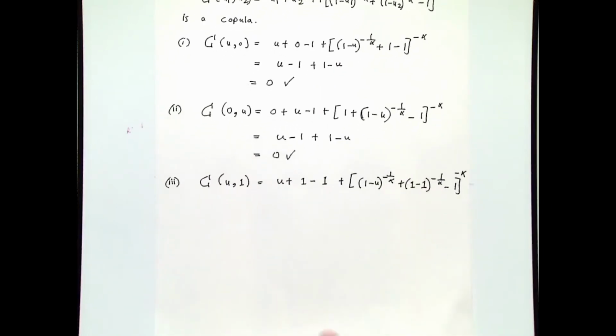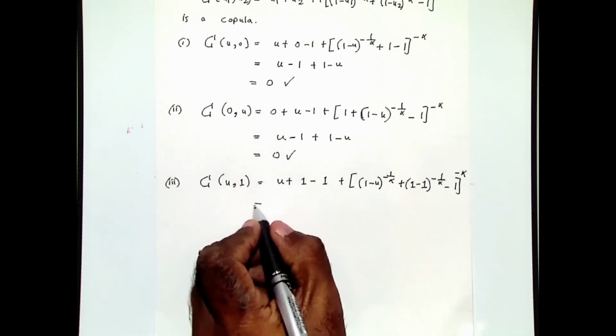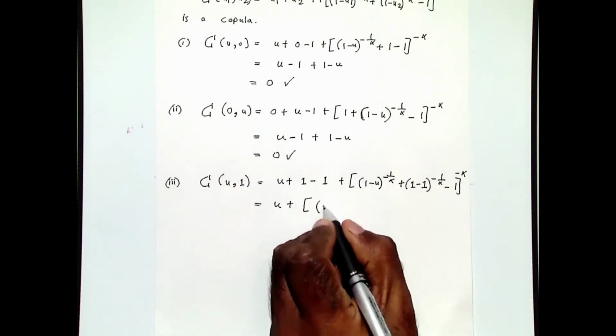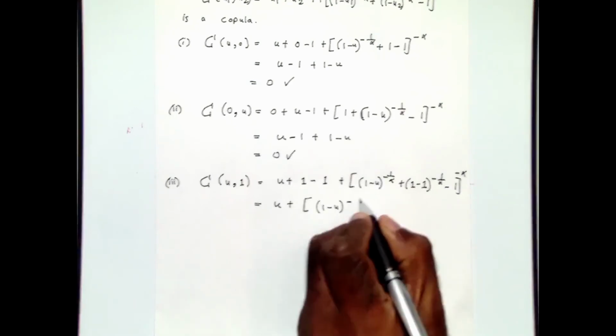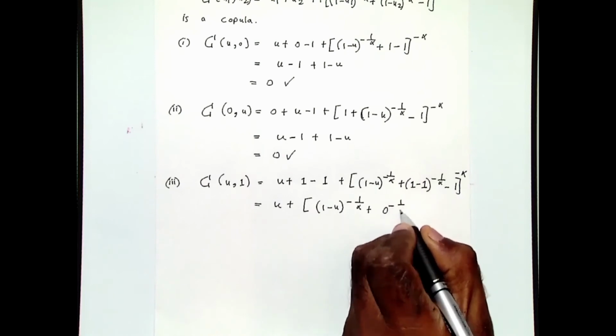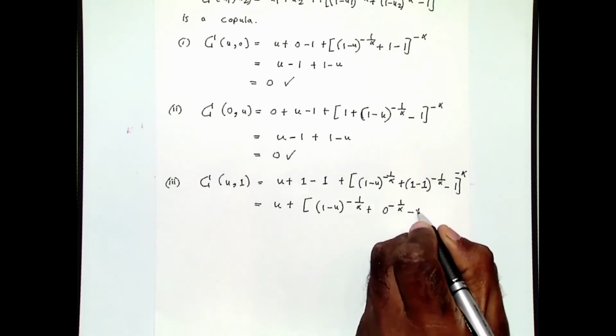Okay. Now 1 minus 1 is 0, so this becomes u plus 0 to the negative power minus 1.